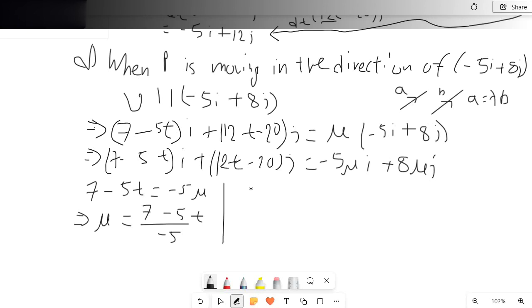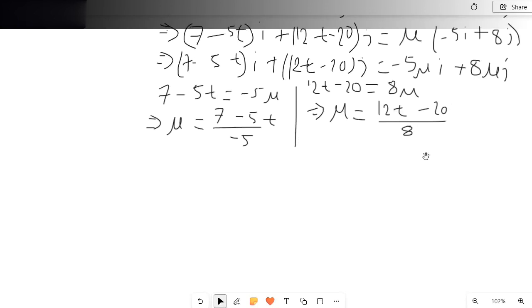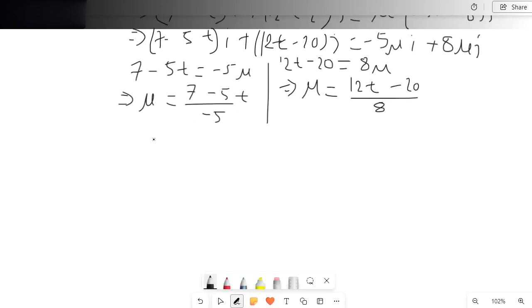Equating the j components, we have 12t minus 20 equals 8 mu. Similarly, mu is equal to 12t minus 20 whole divided by 8, and so equating both sides, we get 12t minus 20 divided by 8 is also equal to 7 minus 5t divided by minus 5.